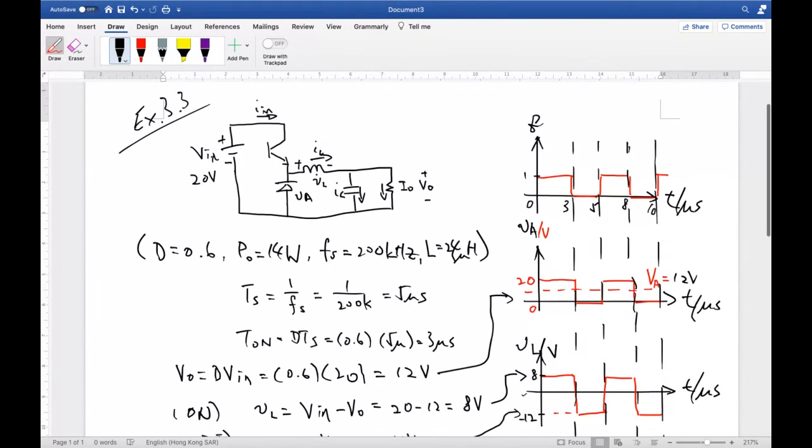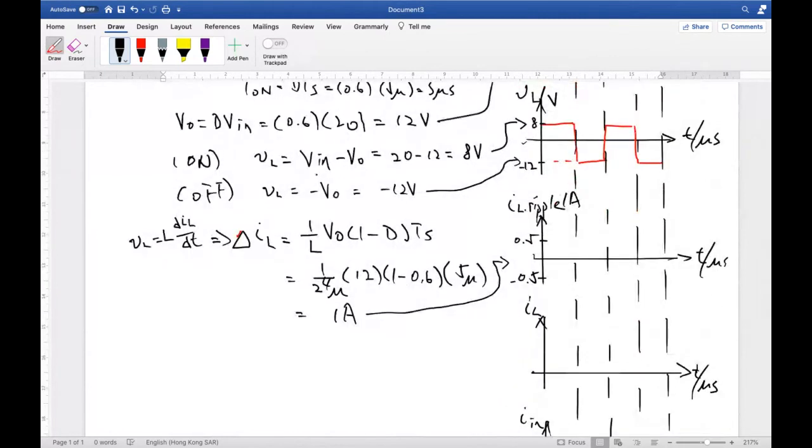So IL should increase against time during the on state. All right, so in that sense, we just need to draw the IL ripple going up against time during the on state, and then down during the off state, something like that. Okay, so this is done.